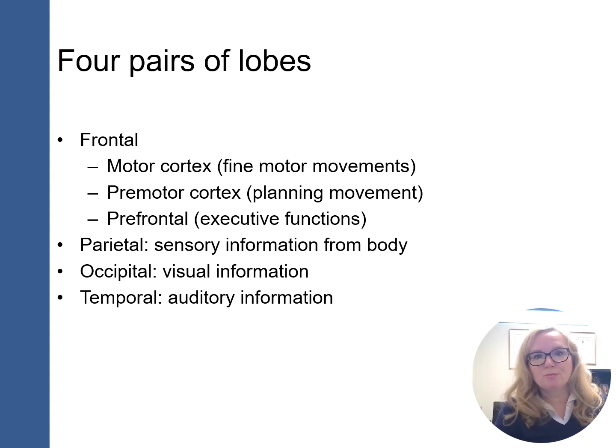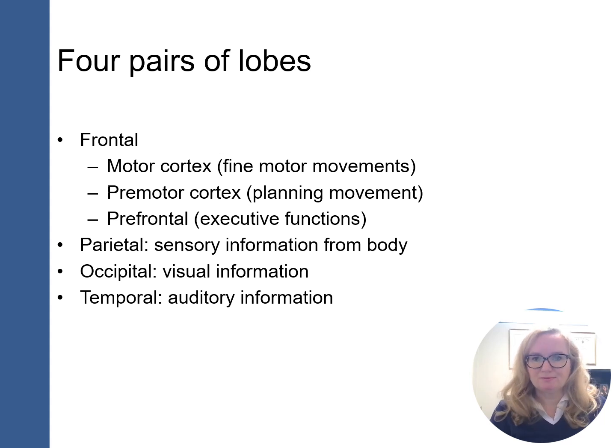So there are four pairs of lobes in the cerebral cortex, and they all have differing tasks that they do. The frontal cortex is involved in fine motor movements and planning of movements, falling under the motor cortex and the premotor cortex. And then right where your forehead is, all the interesting things in the prefrontal cortex, these executive functions, like controlling your impulses and making long-term plans.